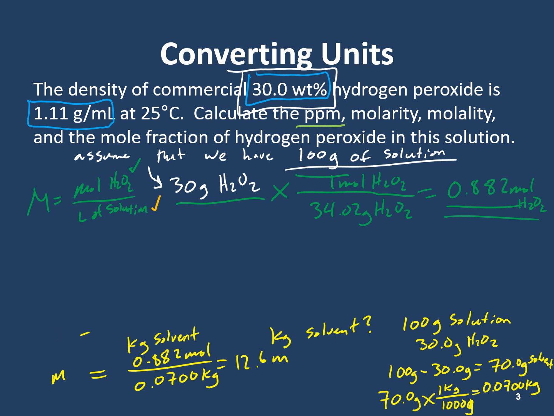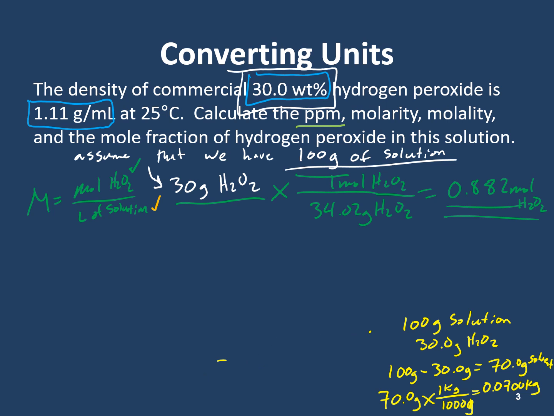And I need my moles of solvent, because the total moles of solution is going to be moles of solute plus moles of solvent. Now, if I know the identity of the solvent, I can determine this, right? It says nothing about what the solvent is in my problem, but as we learned early on in this class, if the solvent's not mentioned, it's water.